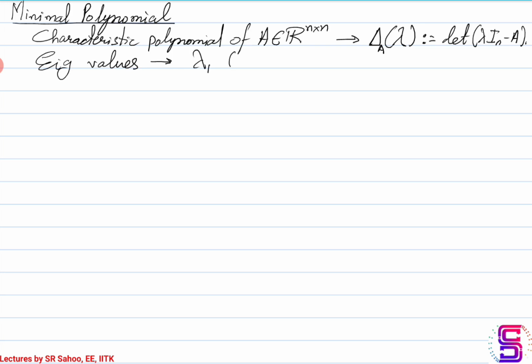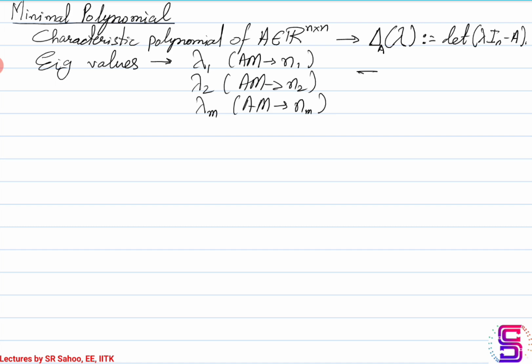Okay, so let's say that A has some eigenvalues: lambda 1 with algebraic multiplicity n1, lambda 2 with algebraic multiplicity n2, and similarly, continuing, lambda m with algebraic multiplicity nm, such that the summation of nj from j equal to 1 to m is equal to the order of the matrix, or the degree of the characteristic polynomial.